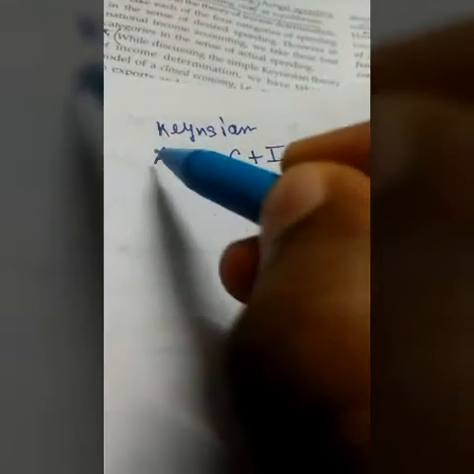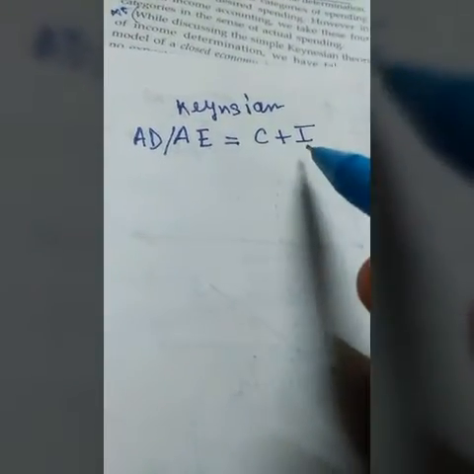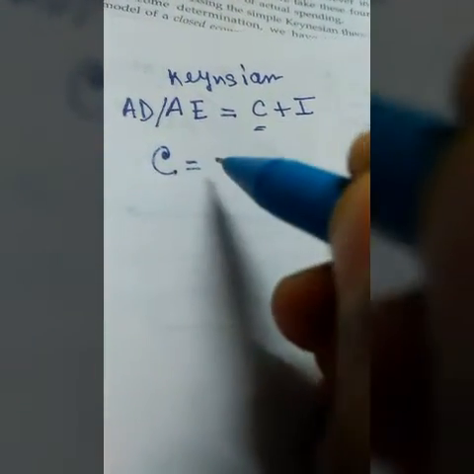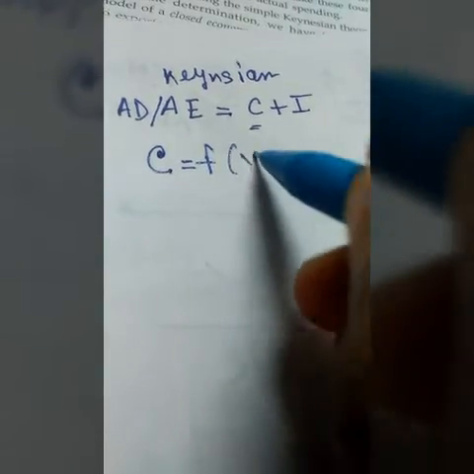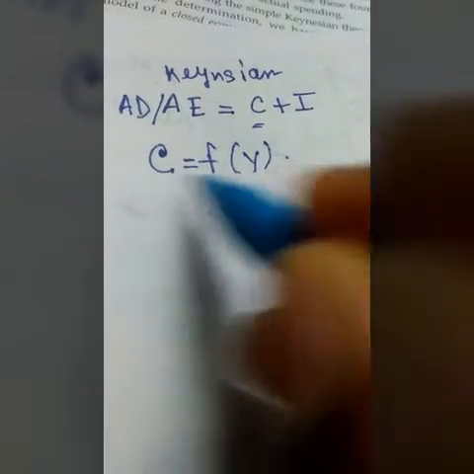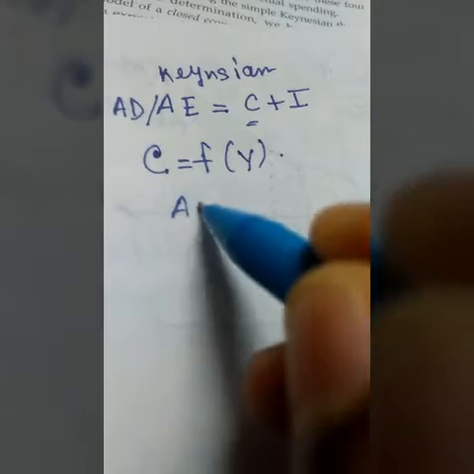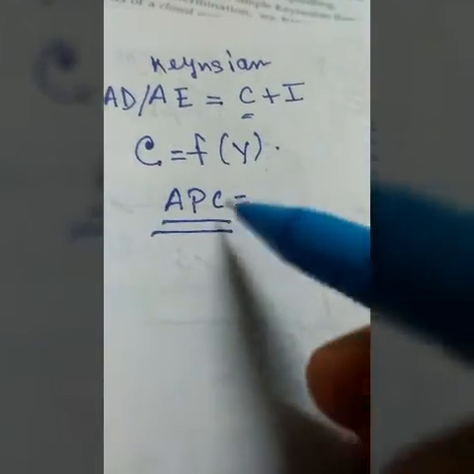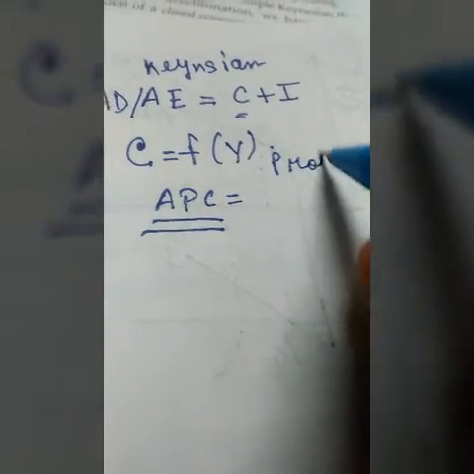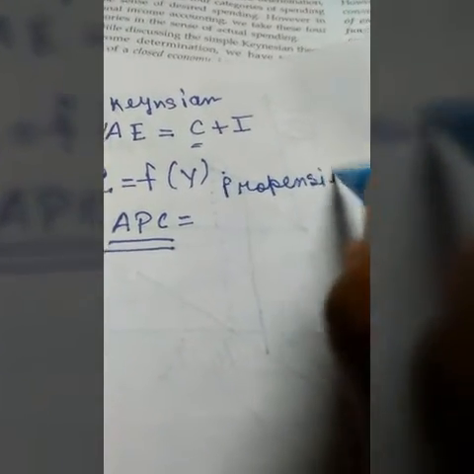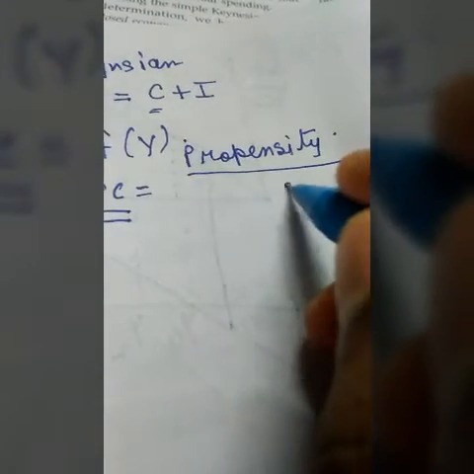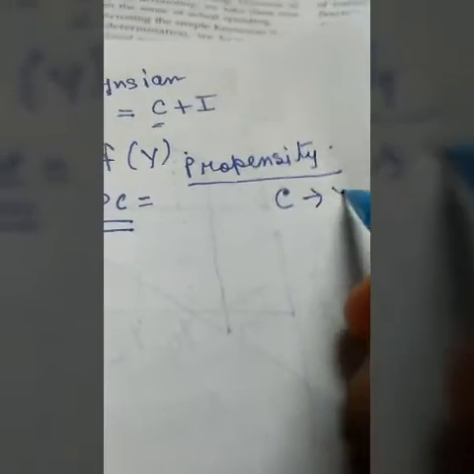We discussed that Keynesian aggregate demand, aggregate expenditure, is equal to C plus I. What is C? C is the consumption. Now how to do the consumption function? Consumption is a function of income. That means there is a relationship between consumption and income. First relationship is APC, average propensity to consume. What is propensity to consume? Propensity means how much consumption happens with the change in income.